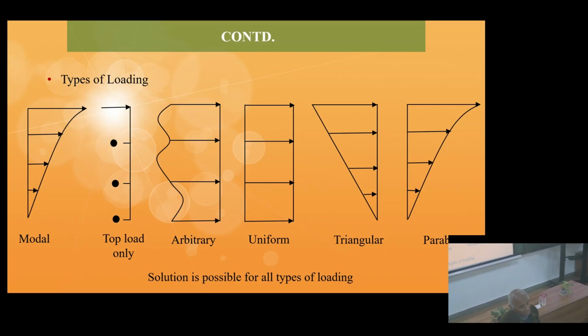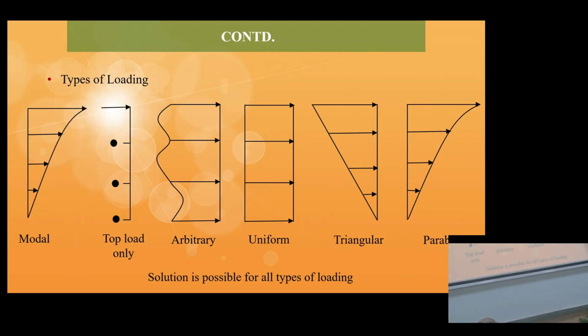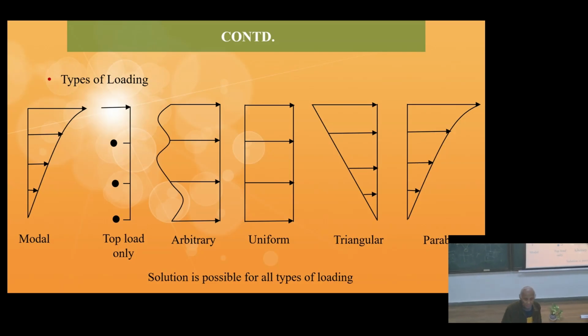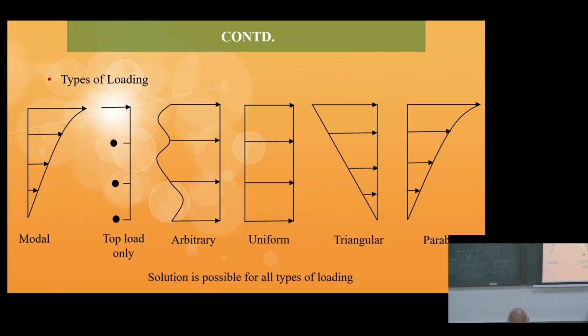Clear? So now say we are able to apply the load in such a way that the loads vary according to the first mode shape of the structure. It's clear? So the load now has a specific ratio between them, and that ratio follows the first mode shape, and that's why we are calling it the modal load. First modal load. Clear?